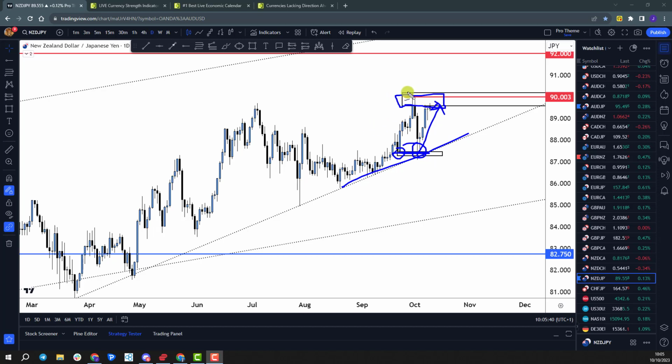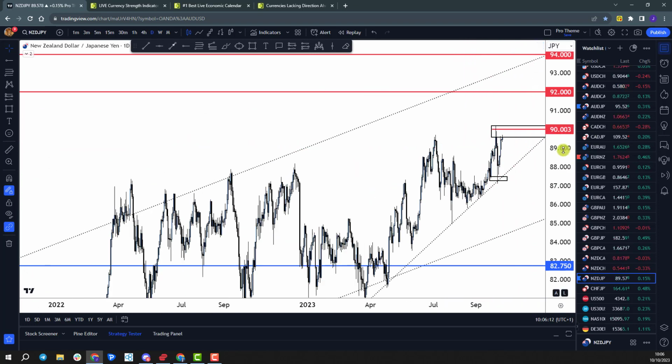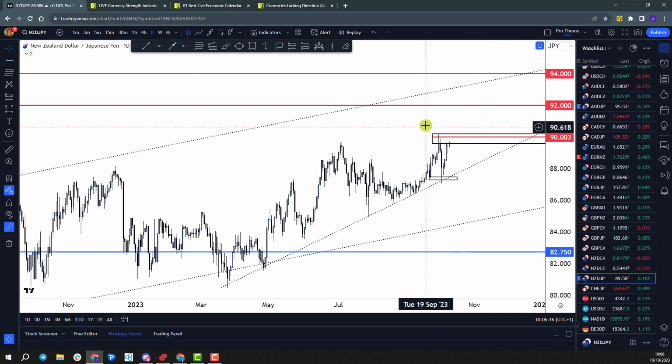If we want to get long in this market now, I want to be long above the 90s, perhaps into the 92s, because what that shows me is that buyers are willing to trade above these levels of resistance. At the moment, I don't know if they want to trade above that level of resistance. Despite the opportunity to reach 92, even 94, it still gives us some room to go if price does break through, then we can look for something to the upside.